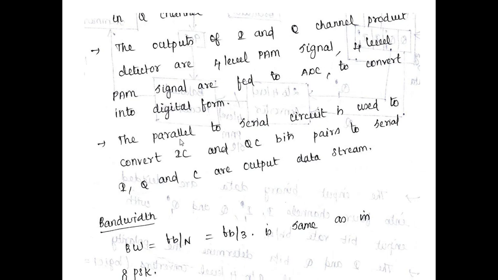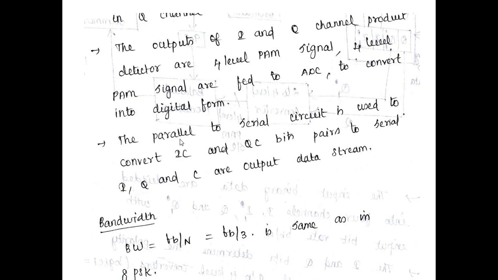The outputs of the in-phase and Q-phase channels that go to the product detector are 4-level PAM signals. This 4-level PAM signal is fed into the A to D converter to convert it into digital form. The parallel to serial circuit is used to convert the in-phase I and C and Q and C bit pairs to serial I, Q and C bits at the output data stream.